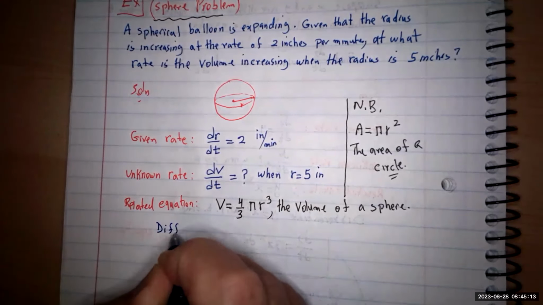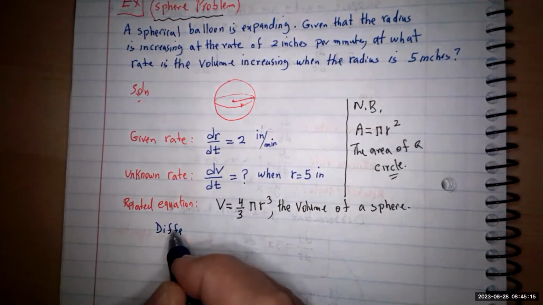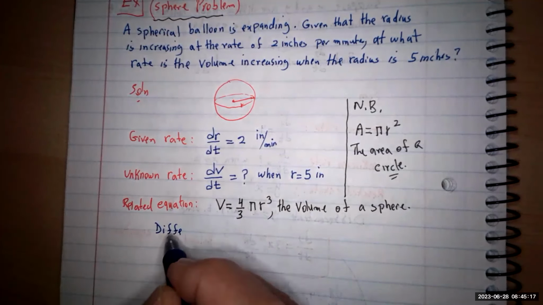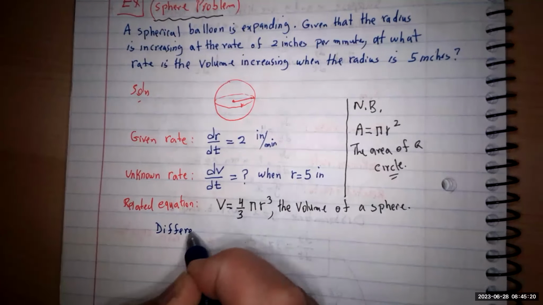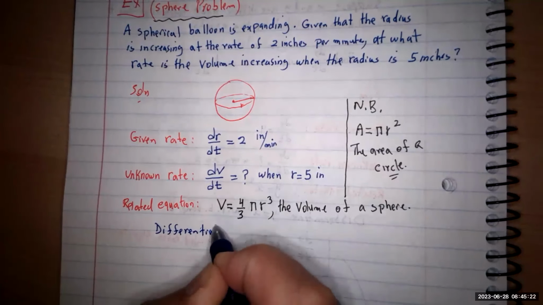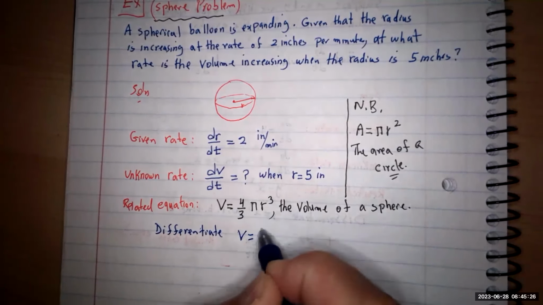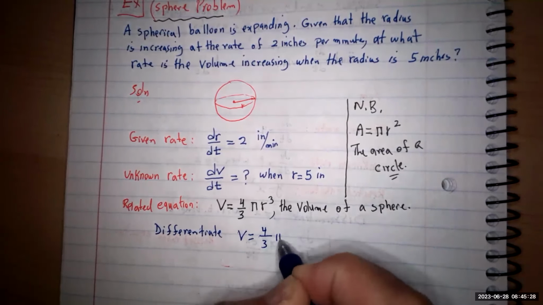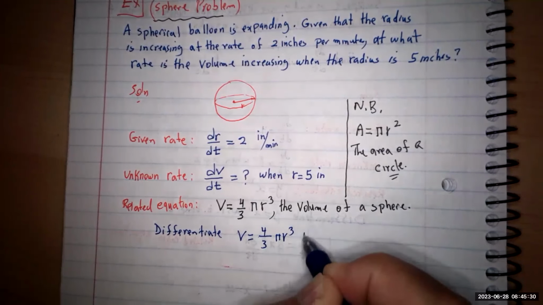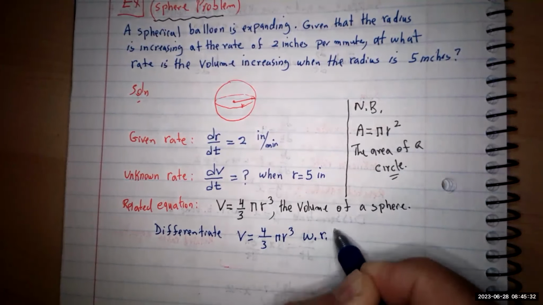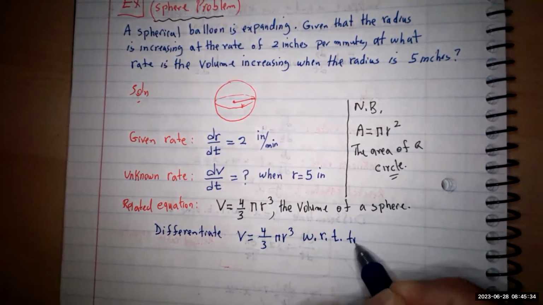I am going to differentiate this equation, 4/3 pi r cubed, but I'm going to do it with respect to the time t.